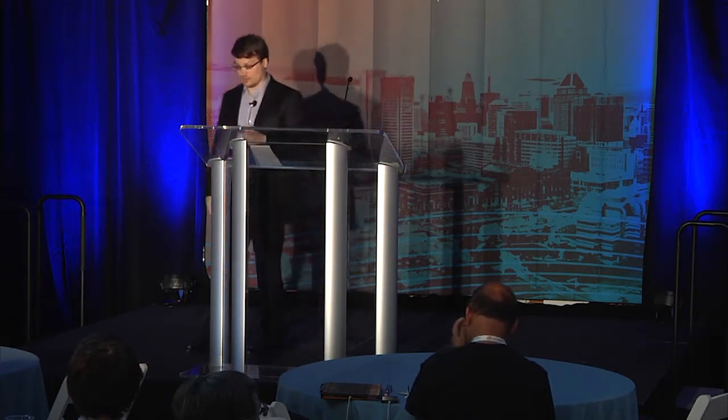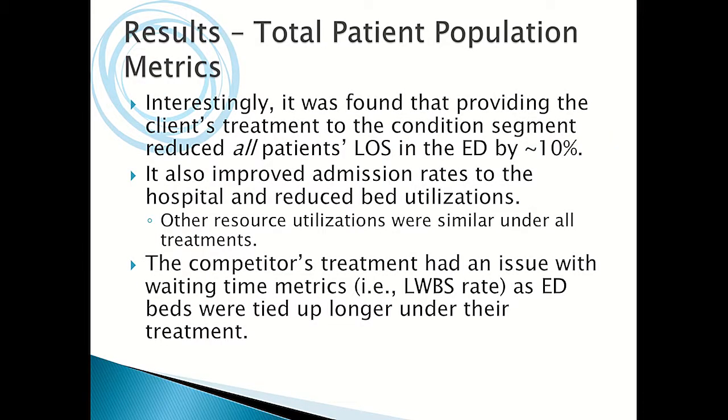But to actually look at this, we developed throughput rate, where we normalized the number of patients who leave the model by the total time they took to be treated or being in the model. At that point, we saw a much better inverse correlation between those two statistics. And here's the key conclusion. We found that by switching the people who had this condition's treatment from the standard of care to the new treatment, every single patient's length of stay on average would be reduced by 10%.